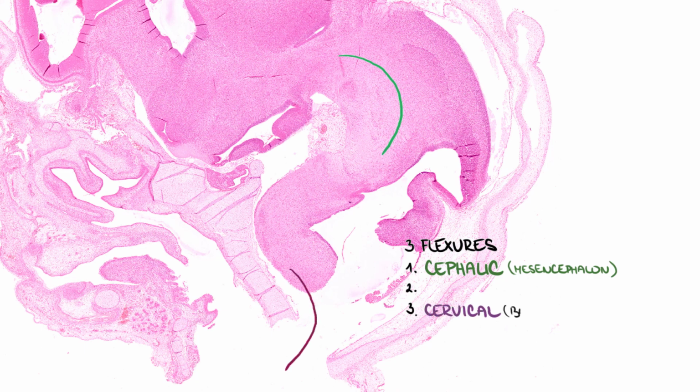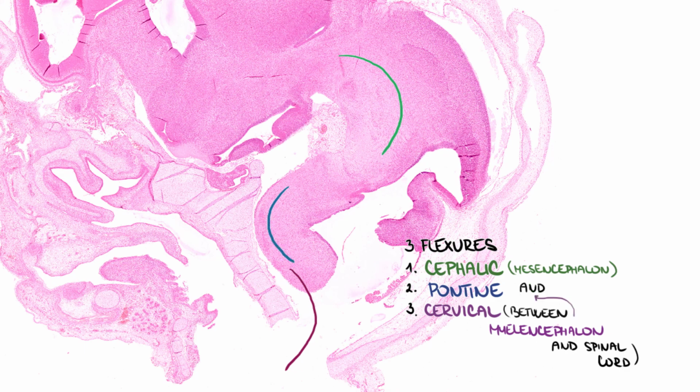We distinguish 3 flexures. 2 appear earlier: cephalic in the mesencephalon, cervical between the myelencephalon and the spinal cord, which is not visible in our slide, and one later, the pontine flexure between myelencephalon and metencephalon.